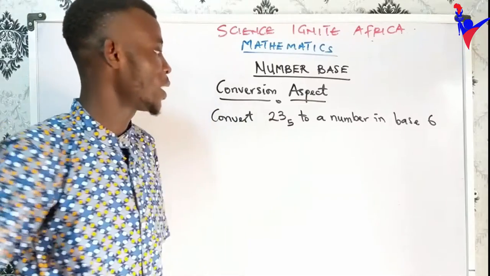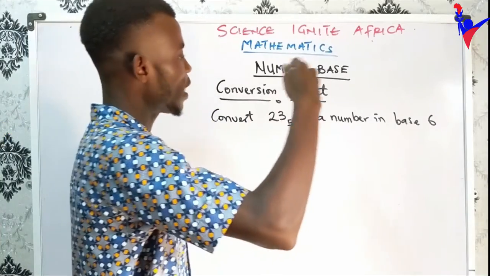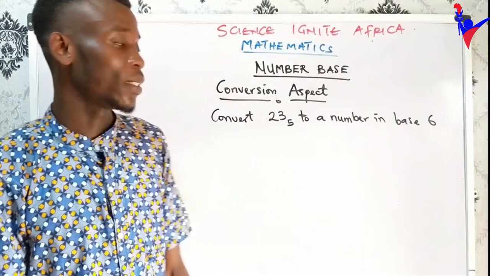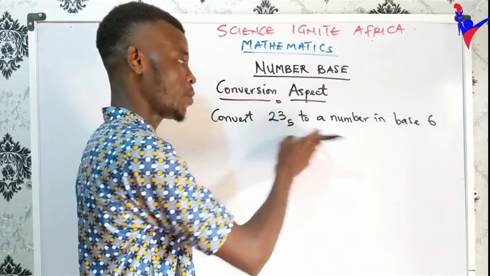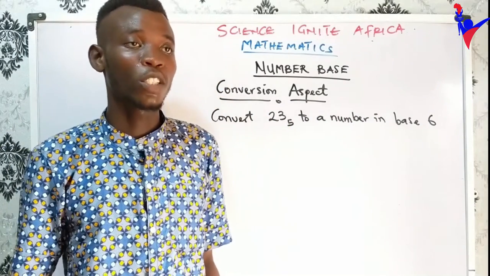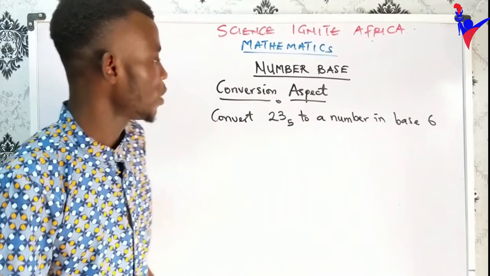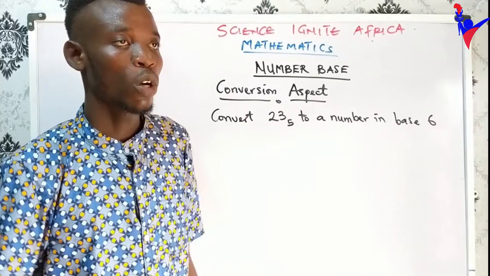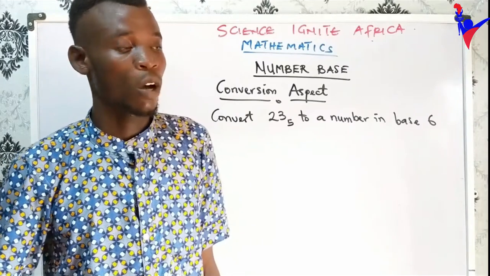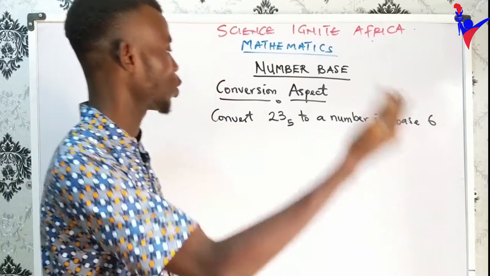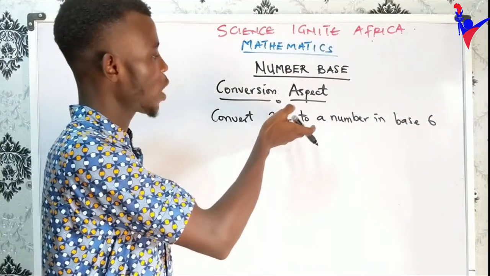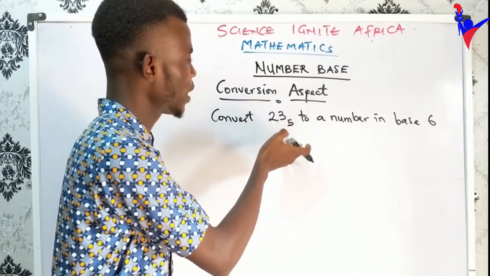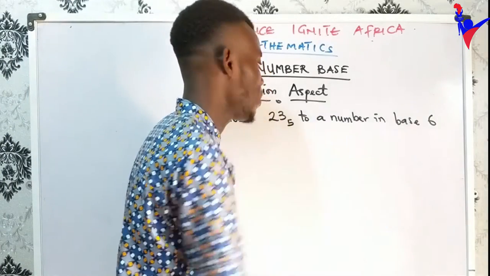You have this 23 base 5, and you are going to convert it to a number in base 6. This is base 5, this is base 6. The other aspect we treated was from base 10 to base 2, so from base 10 to another base, or from another base back to base 10. But here, we are told to convert from 23 base 5 to a number in base 6.